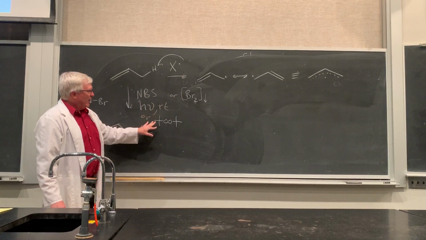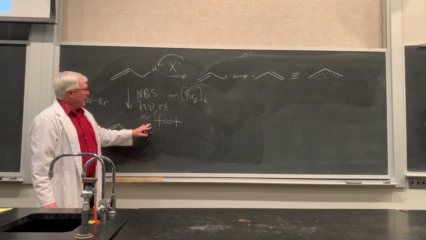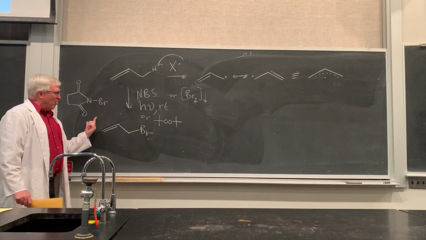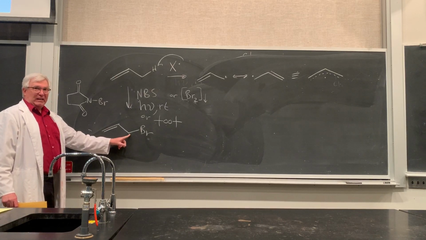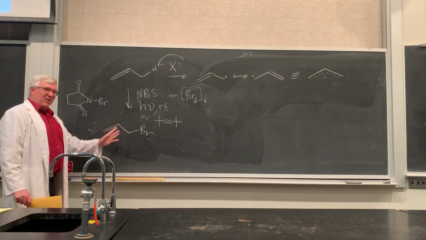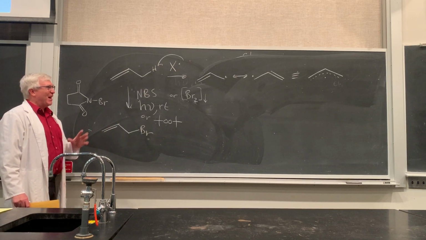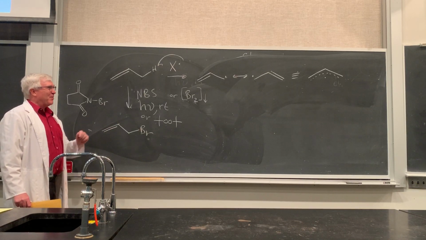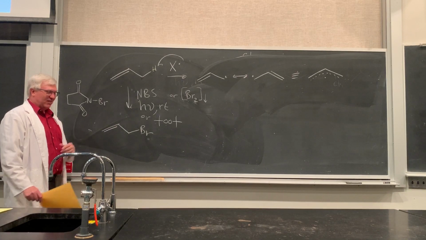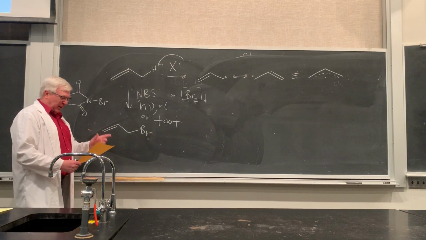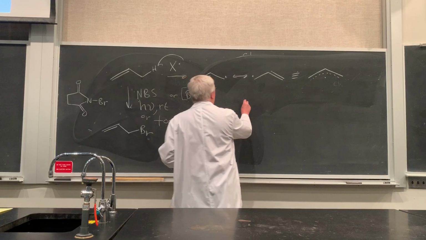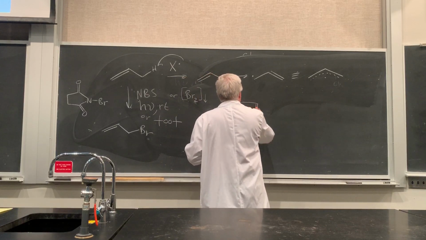That changes the mechanism over to the radical pathway and gives, instead of the dibromide, the allylic bromide. So we're going to have to review some of these bromine-containing reactions at the end of the chapter to keep these straight, because we've covered a lot of different halogen reactions, especially with bromine. But let's look at some products from this process first, then we'll get into the mechanism.